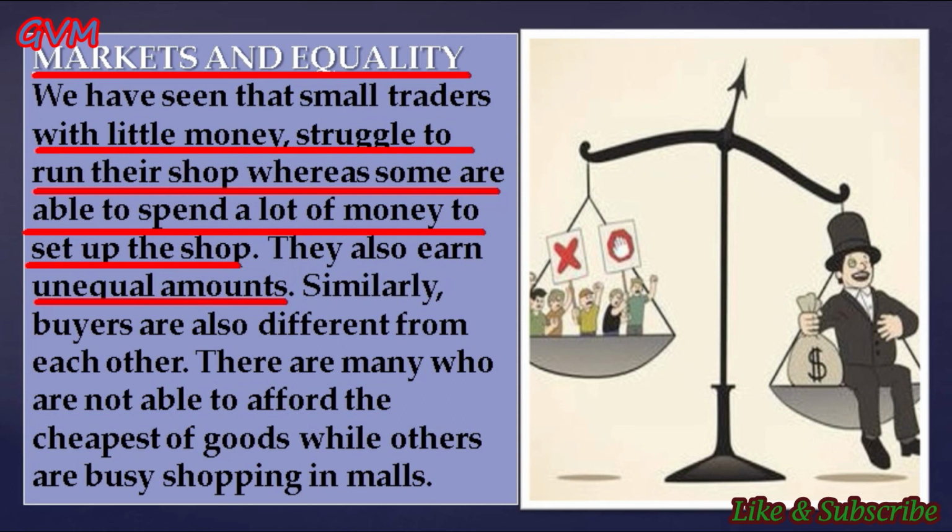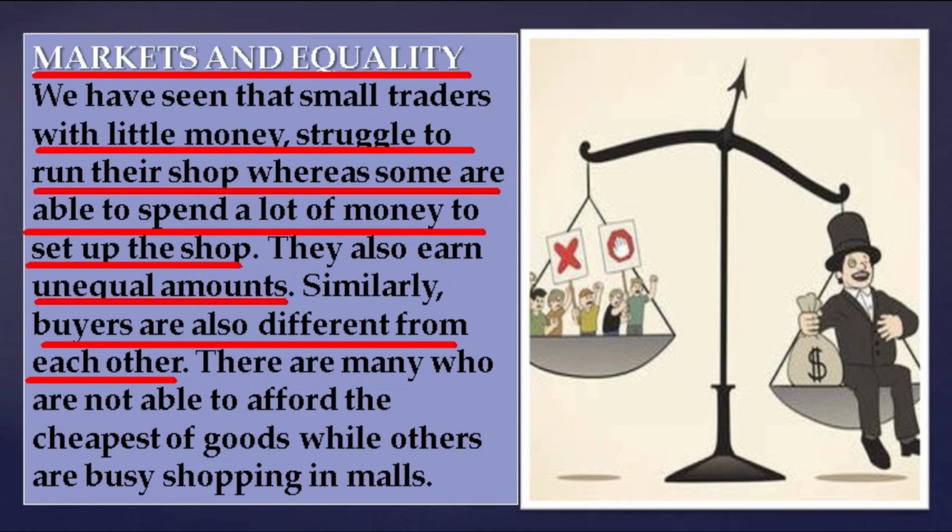And students, similarly, the buyers, that is to say the ultimate consumers, are also different from each other. Some can afford the branded items, whereas some cannot. And this proves that the status of a person depends on his financial strength.